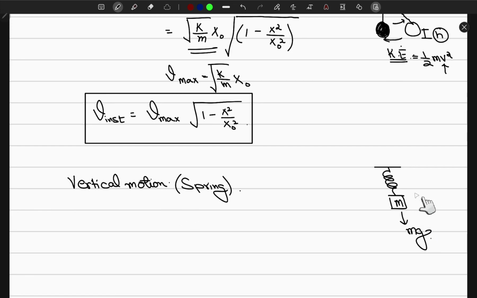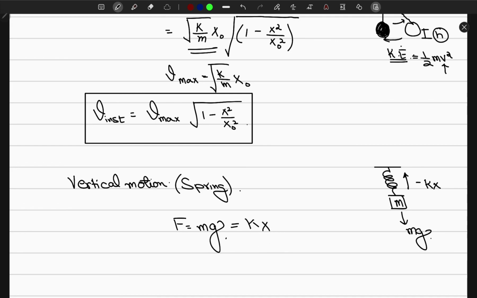And so in this case, the restoring force will be in this direction, which is minus kx. So if I use the law of force, then I can write this equation as F, which is equal to the mass times the acceleration due to gravity, because that's the force acting on this mass. And this would be equal to kx.